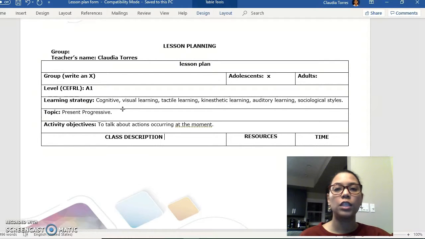I use color coordination. So I try to help them to understand the different categories of words to make the whole grammar structure.